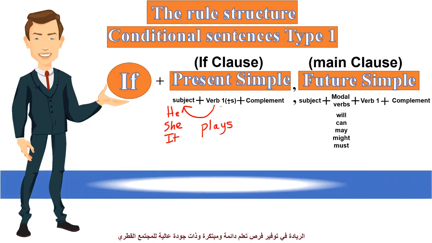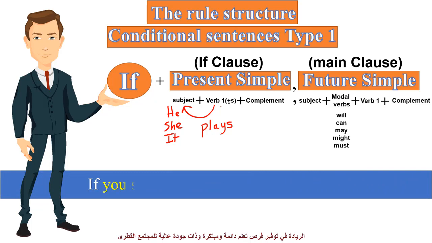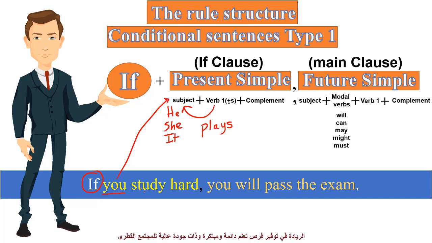For example, if you study hard, comma, you will pass the exam. If you study hard, you will pass the exam. If, we begin with if, you is the subject, study is the verb, but we didn't add s with it because you is not one of the third person singular.